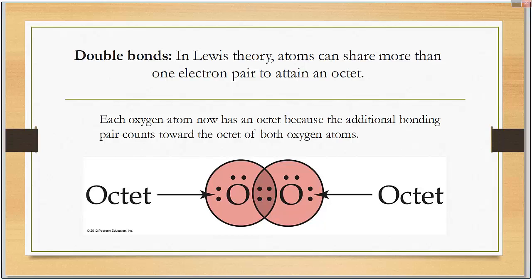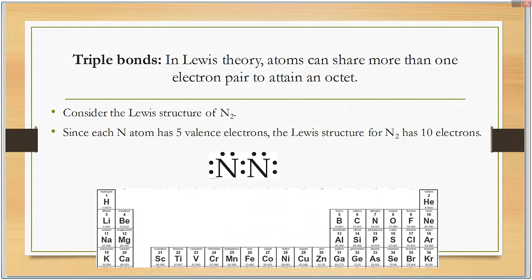So we have 2, 4, 6, 8. 2, 4, 6, 8. In Lewis theory, atoms can share more than one electron pair to obtain an octet, and the same goes for nitrogen.